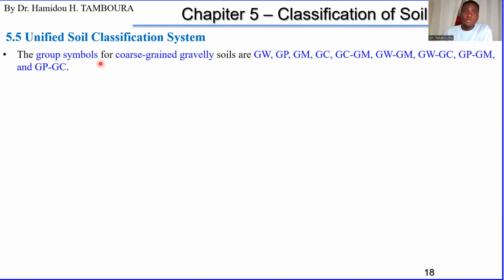And the group symbols for coarse-grained soil, just a reminder, are these. These are for gravel. And you remember the double symbol: sometimes we have to use a double symbol when the percentage of fines is between 5 and 12. You have to use this double symbol for gravel and for sand also.